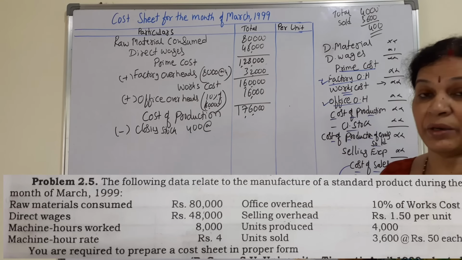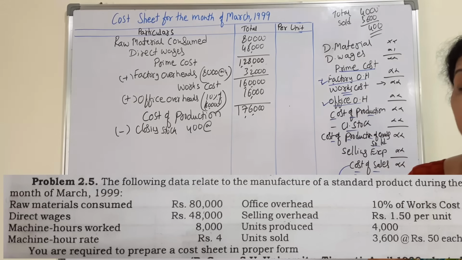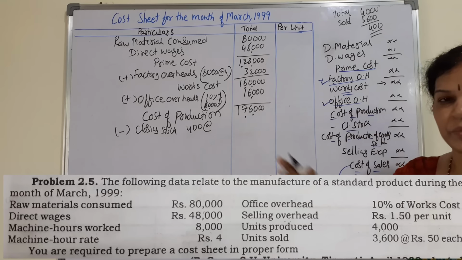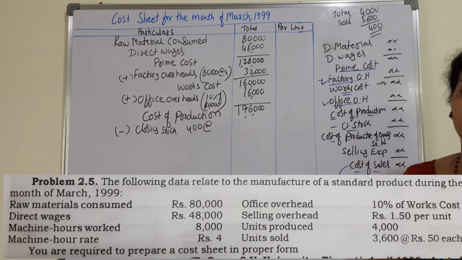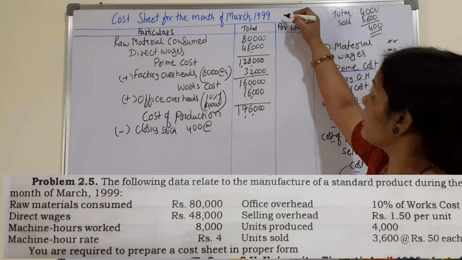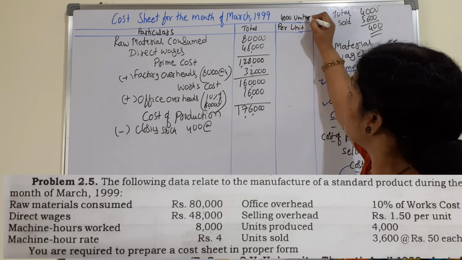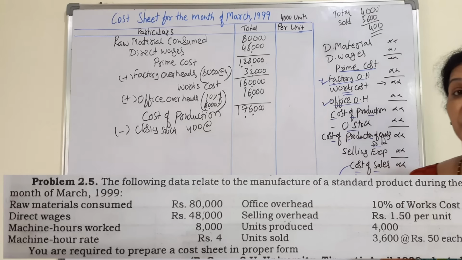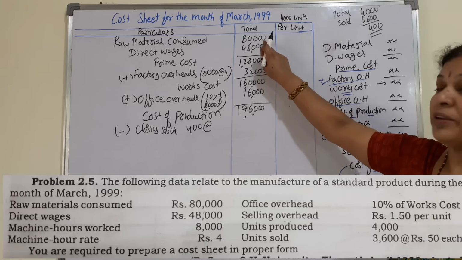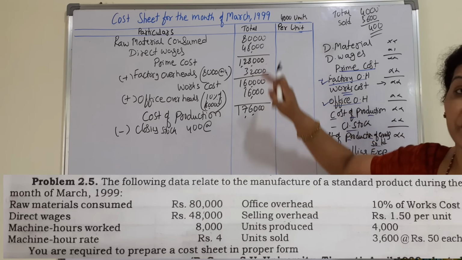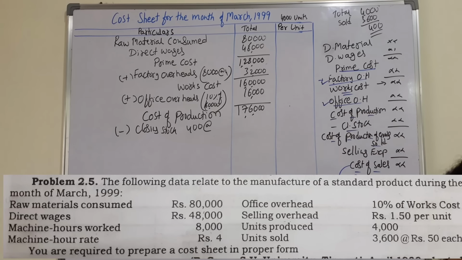So far whatever we have done, how do we calculate per unit? Total units are here 4,000 units. All items divided by 4,000, you will be getting per unit, because total production is here 4,000 units. So per unit, if you want to get, 8,000 divided by 4,000. In the same way 48,000 divided by 4,000, like this we need to calculate.